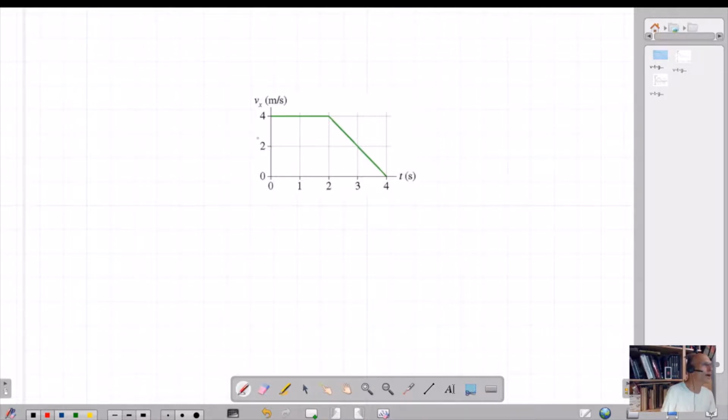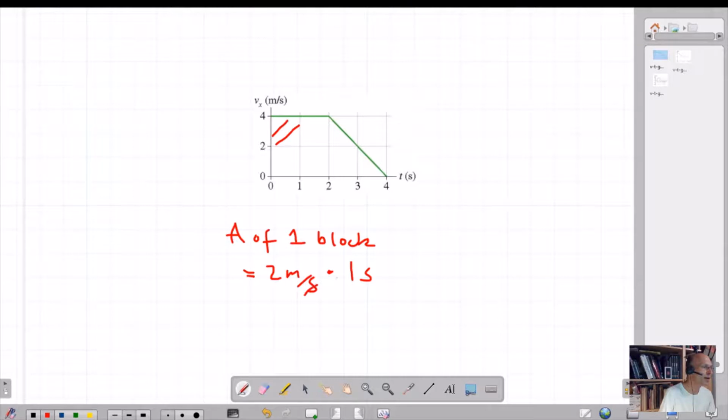So if I look at this graph, a single block on the graph would indicate a velocity of 2 meters a second, and the area of one block is equal to 2 meters a second times 1 second.